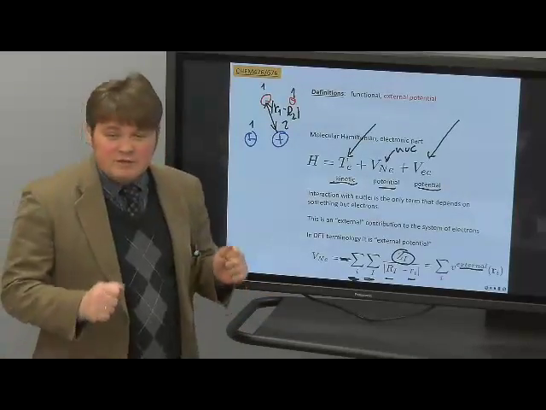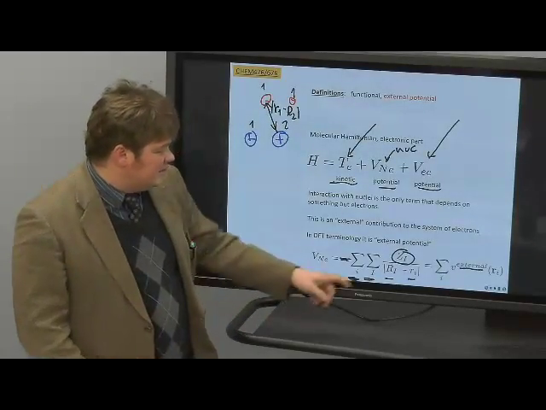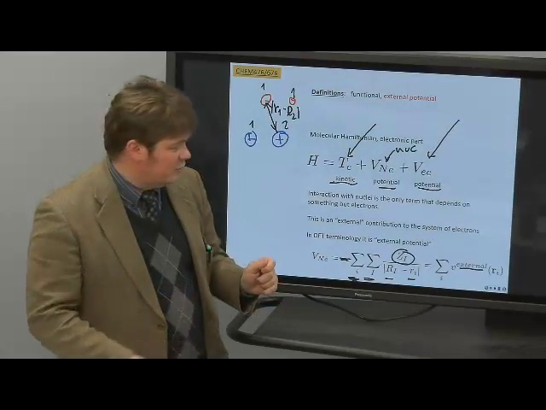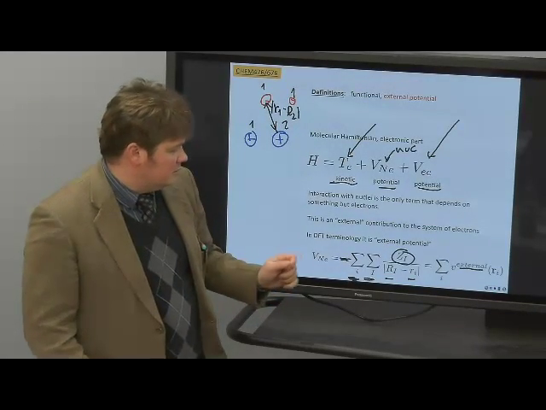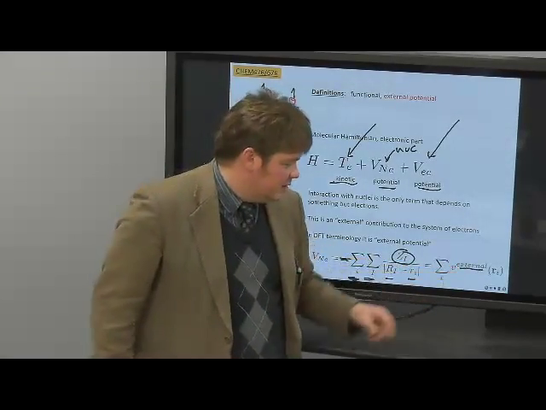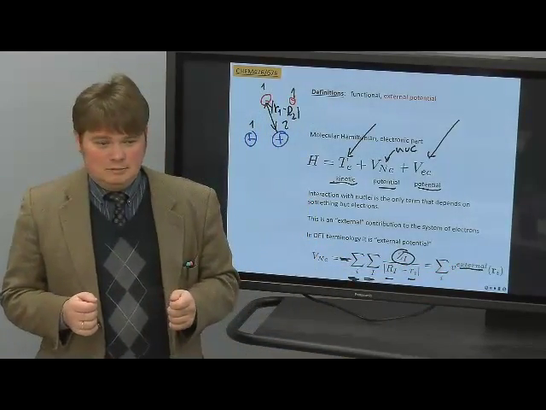Instead of writing the Coulomb term for attraction between electrons and nuclei with a capital E, they call it with a little e, and they call it external potential.